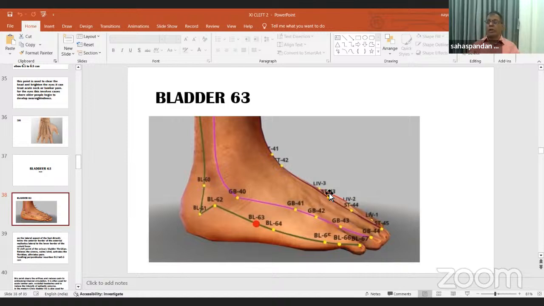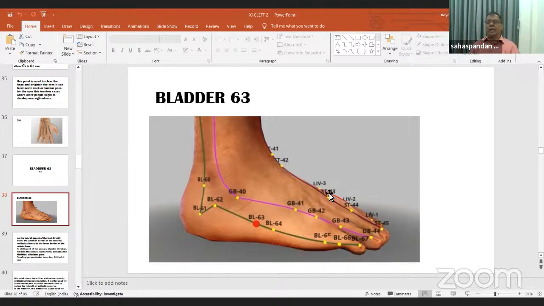And this point is also useful for occipital headache and to reduce the intensity of epileptic seizures. If any kid or any person is suffering from epileptic seizures 4 times, 5 times, 10 times in a day, when you prick this point, it will reduce the intensity of the epileptic seizure.